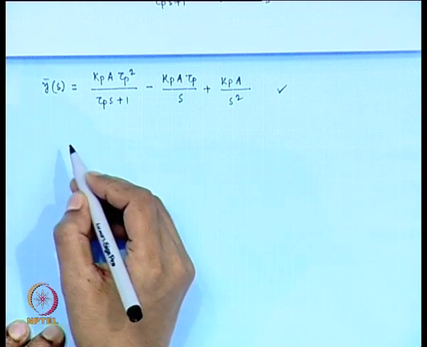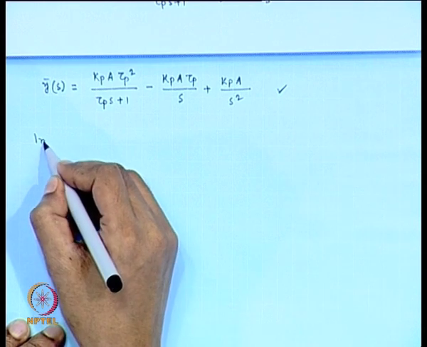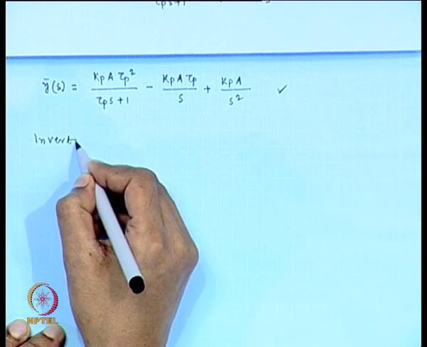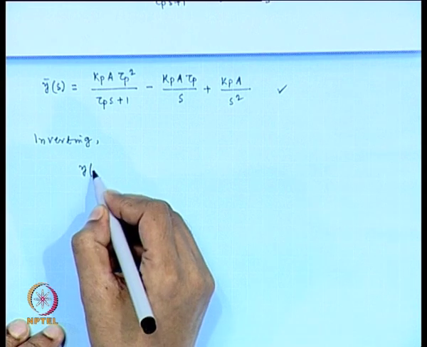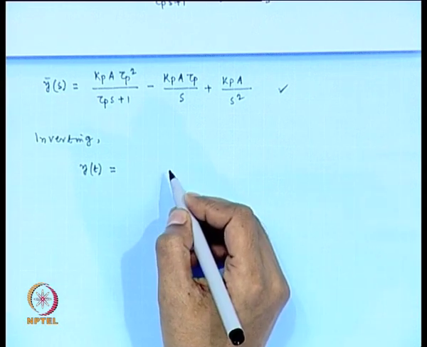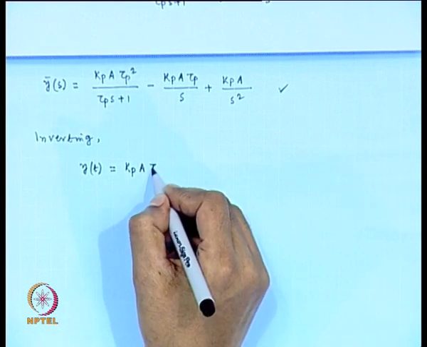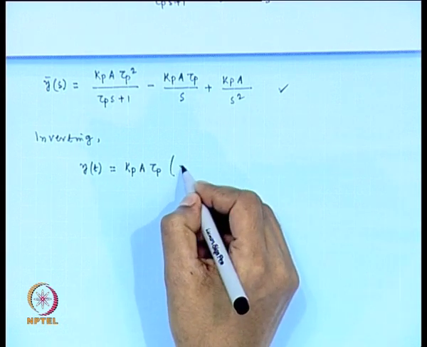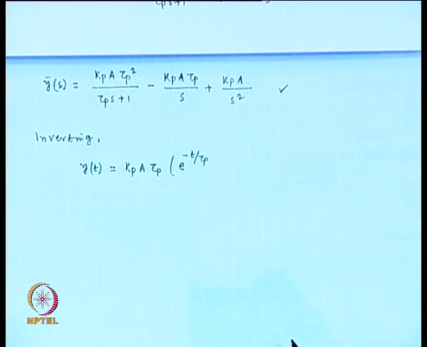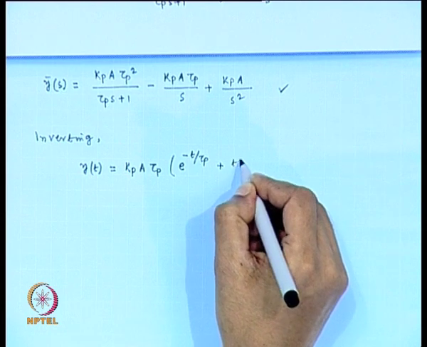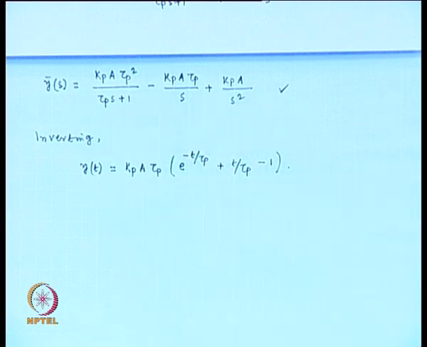Now, if we take the inverse of the Laplace transform, we get y of t equal to K p a tau p times exponential of minus t divided by tau p, plus t divided by tau p minus 1.